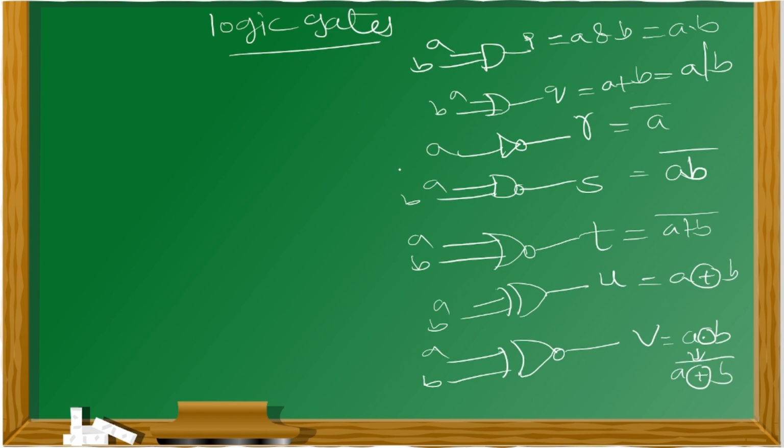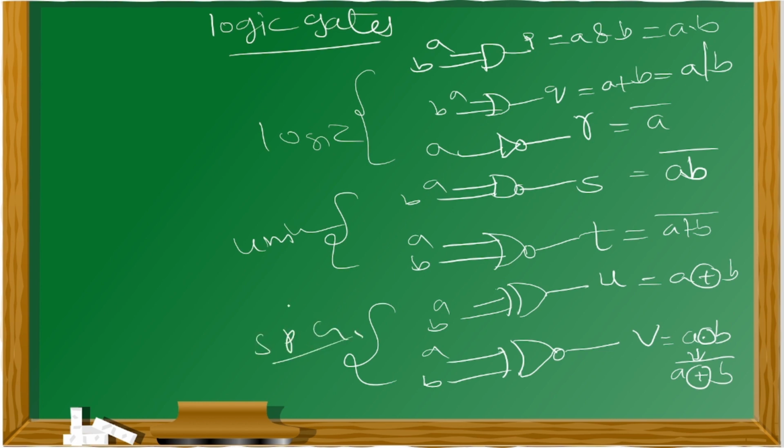So these three are logic gates, these two are universal gates, and these two are special purpose gates. Now we will write gate level modeling code for all these gates.